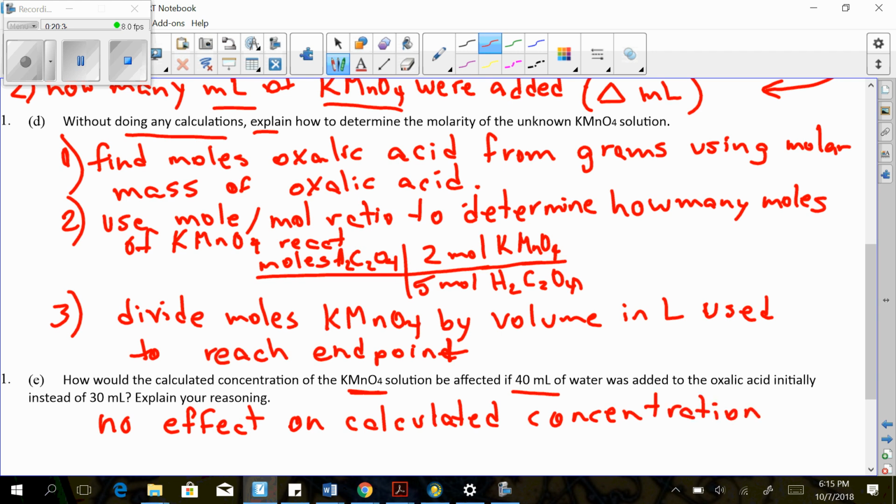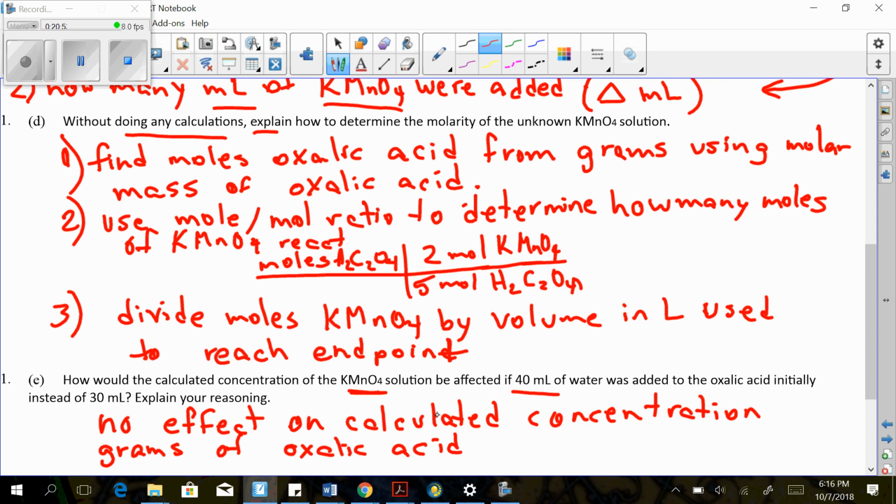And why would there be no effect on the calculated concentration? Because the grams of oxalic acid are the only thing that affects that calculation.